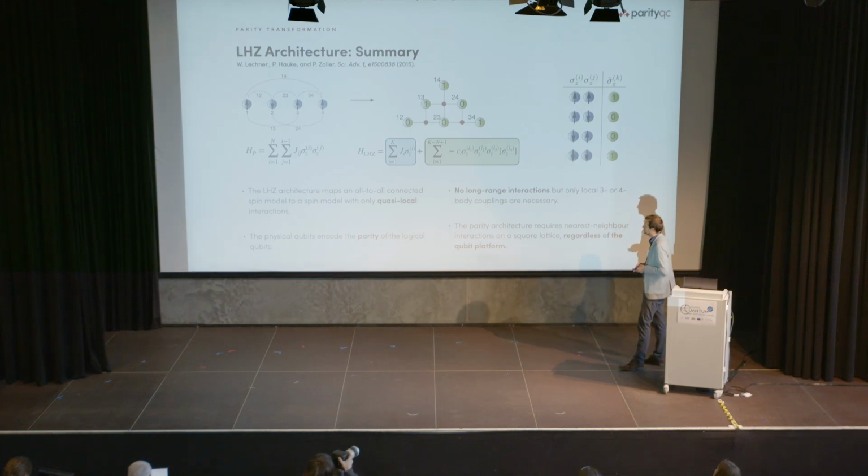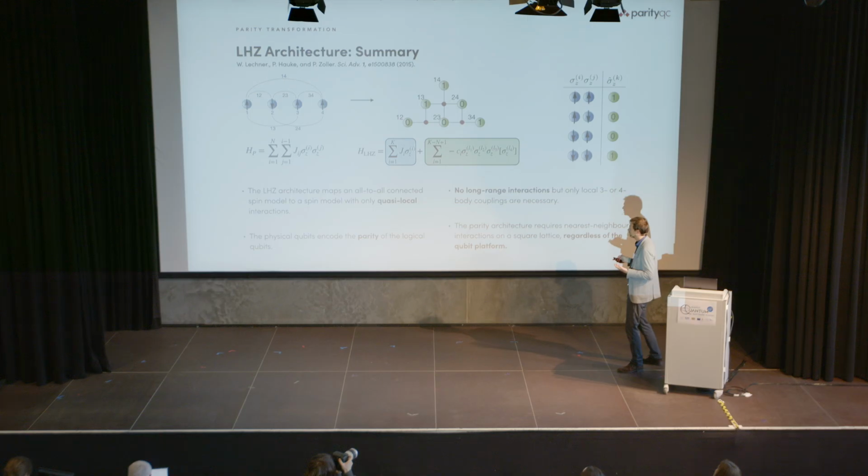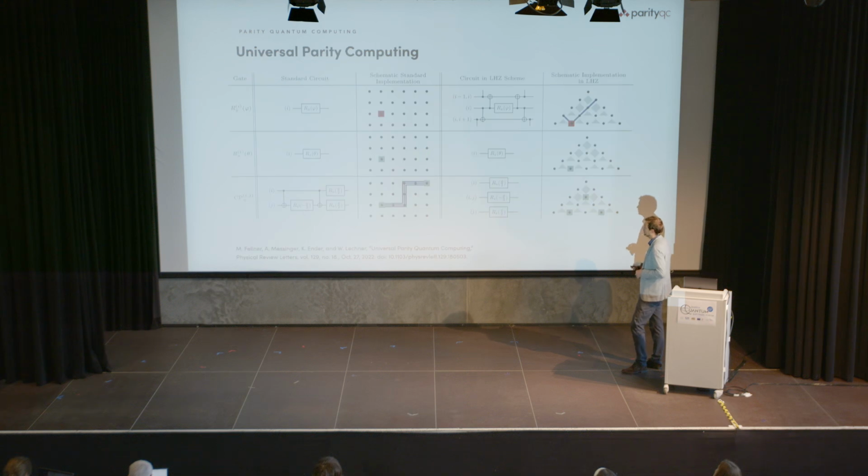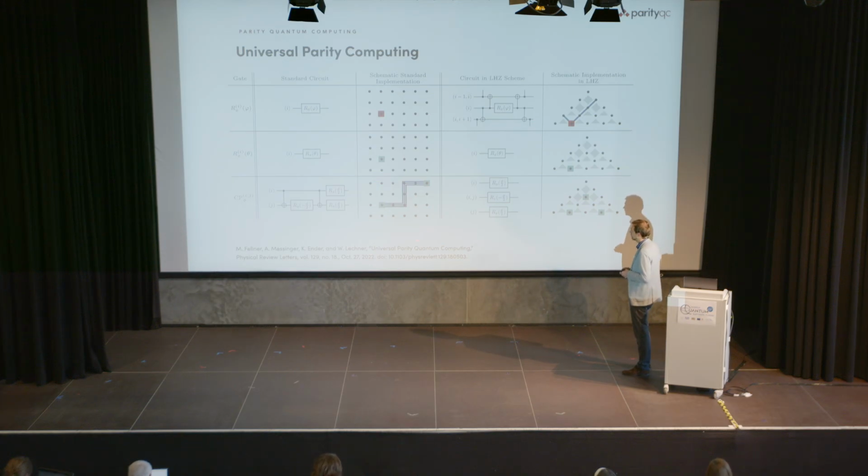And so this was the starting point. And now we can ask ourselves, okay, this is now for spin models and so on, but can we make a quantum computer out of it? And this was, so to say, also already some time ago, where we introduced the universal version of that, which means we looked at, can we, in this logic of parity variables, make a universal quantum computer?